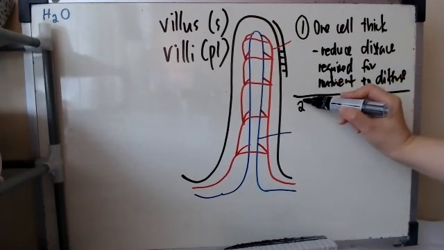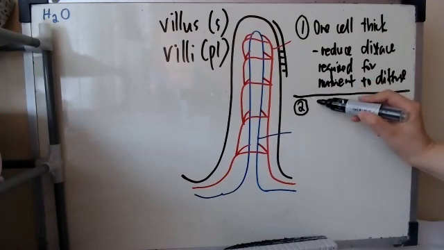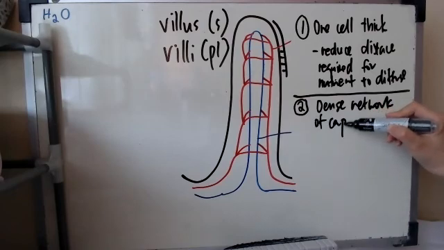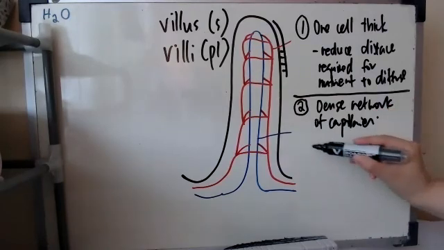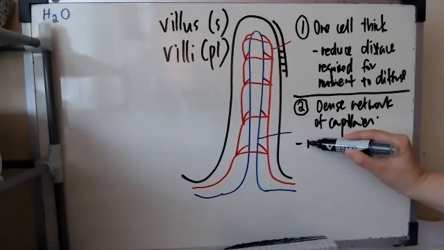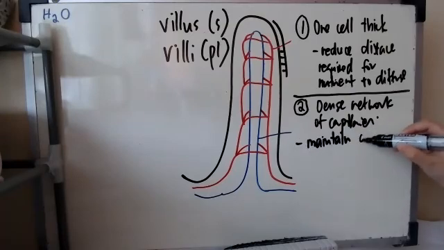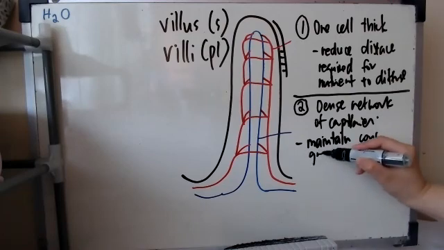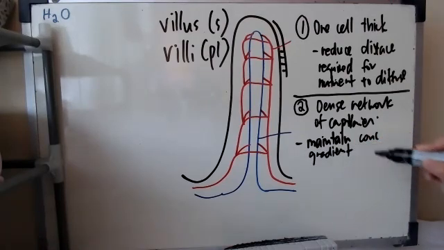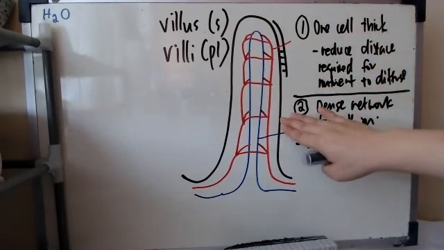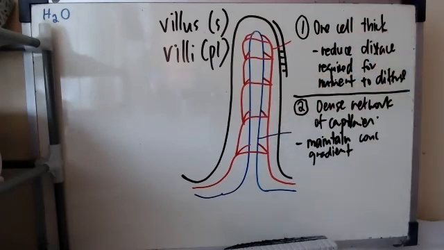Number two, it has a dense network of capillaries. A dense network of capillaries helps maintain the concentration gradient between the lumen of the small intestine and the capillaries.